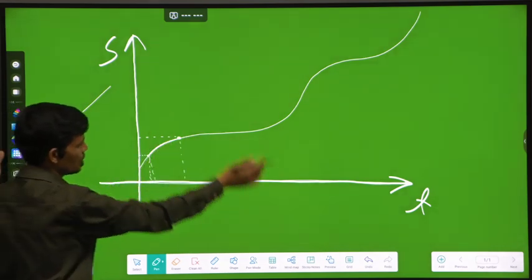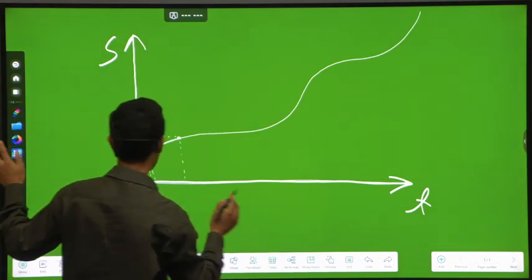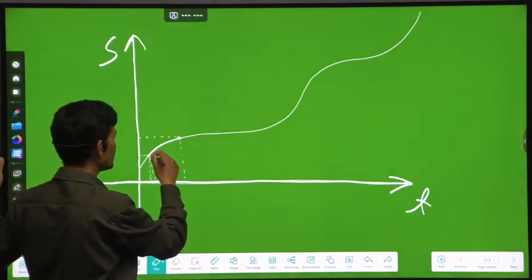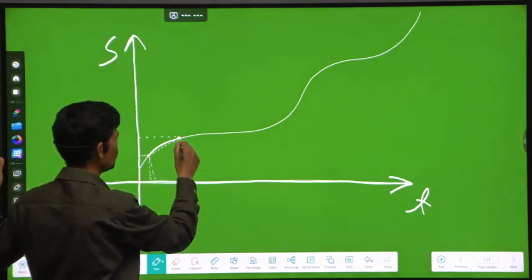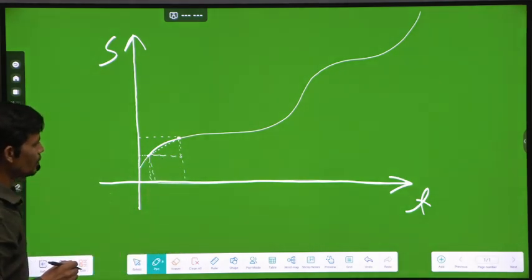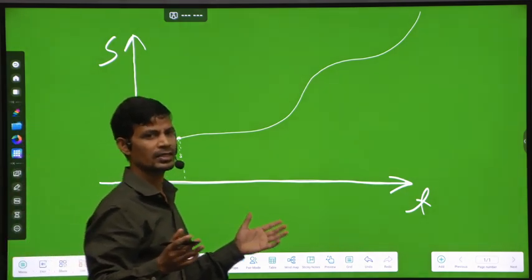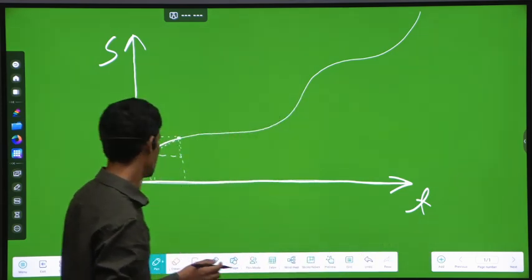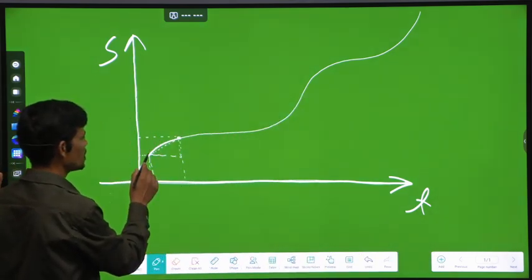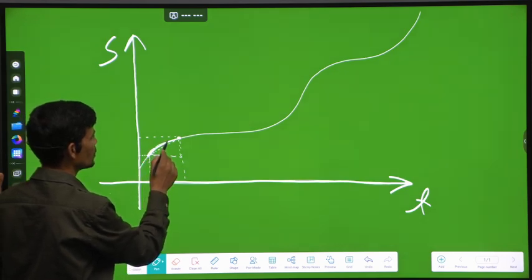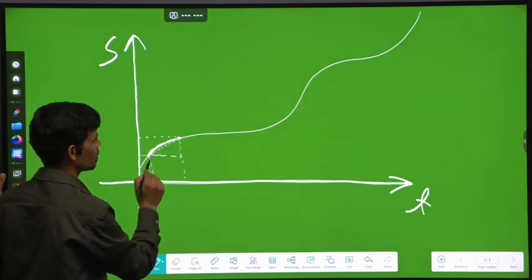Now we can find average velocity. That's not a big deal. But we know it is not the exact value because speed has changed, velocity has changed. You can see here it was faster, then it became slower, slower.